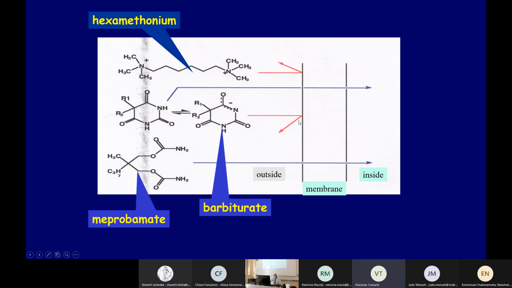The charged form is not able to cross the membrane. The unionized form is able to cross. So we need to know the exact concentration of the two forms at pH 7.2 if you want to know whether this drug is able to cross the membrane, to be absorbed or not.